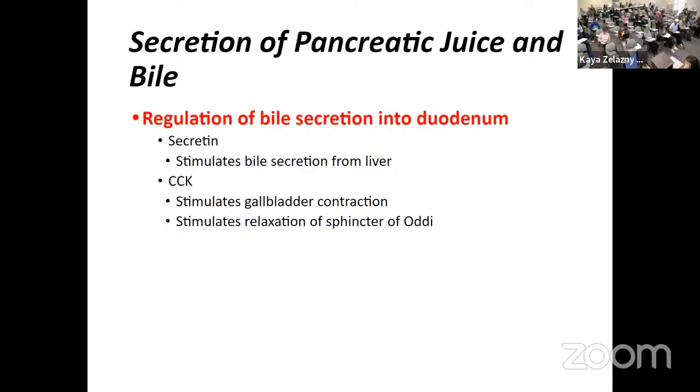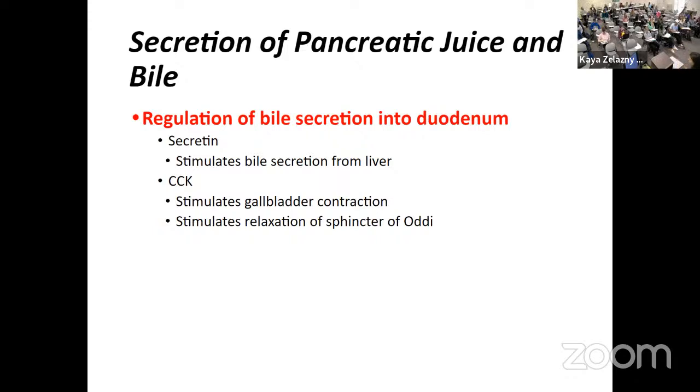Okay. So the regulation for that secretion of bile, which is coming from our liver or from the gallbladder where it's been stored after being made by the liver, we're going to have both secretin and CCK involved in that. Okay. So secretin is going to stimulate bile secretion from the liver directly.